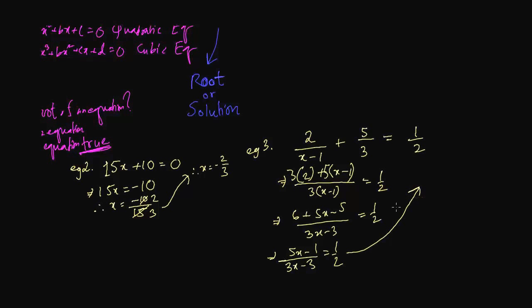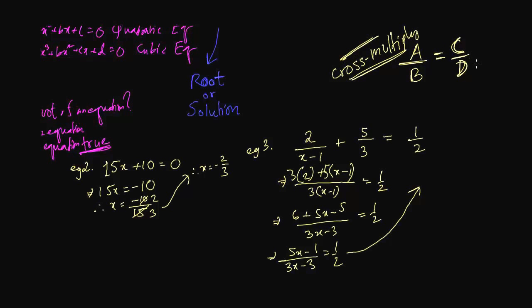Now there is a thing in equation solving of this sort: when you have upstairs by downstairs equals upstairs by downstairs, this by this equals this by this, you can cross multiply. Remember, you cannot cross multiply all the time. If there was plus e here, you cannot do that. You can only cross multiply when you have upstairs by downstairs equals upstairs by downstairs.